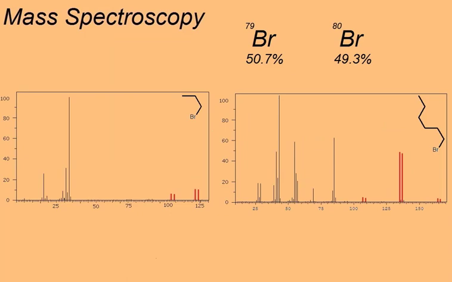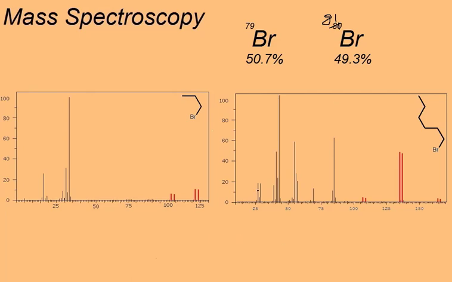We also get a lot of information about halogens from mass spectroscopy. A good example of this is bromine. Bromine, of course, has two isotopes, one with a mass of 79 and one with a mass of 81, and it's almost a 50-50 split between these two. 50.7 compared to 49.3.